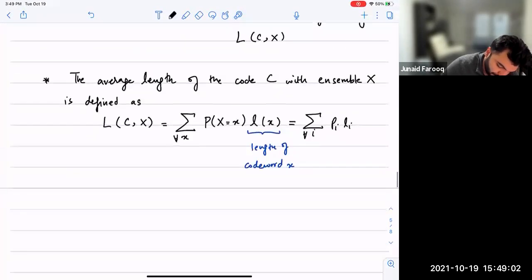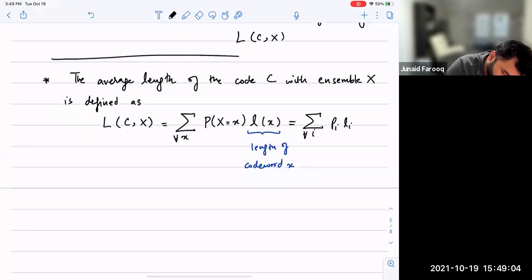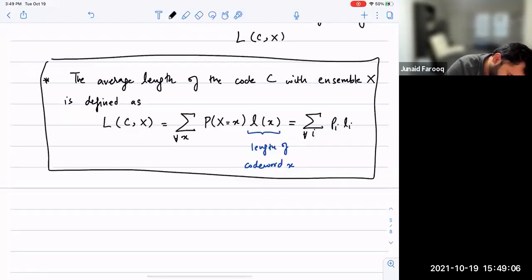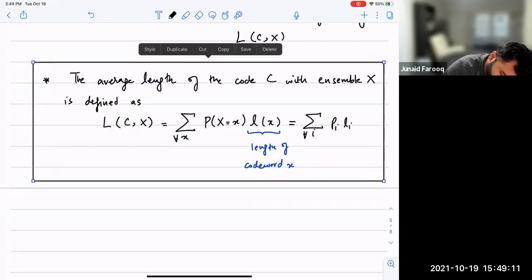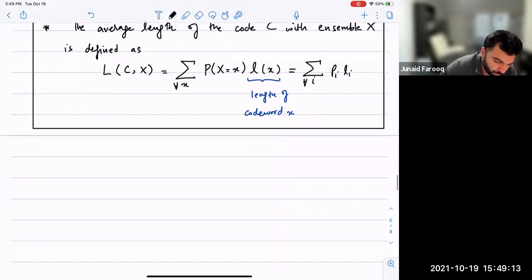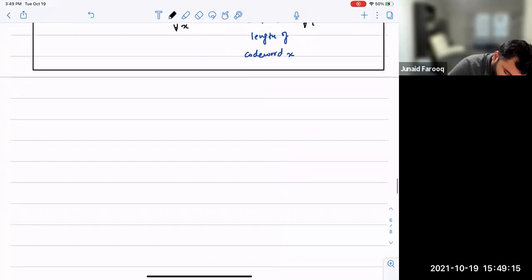Now let's take an example. Maybe I'll just highlight this part. So consider a code.